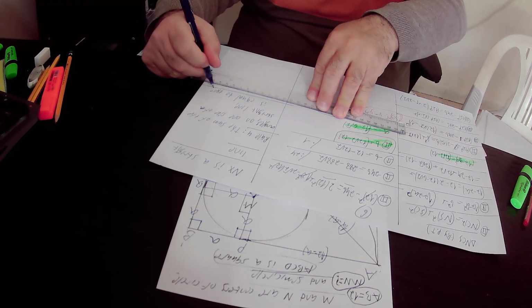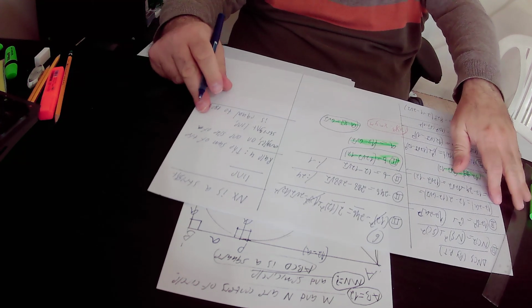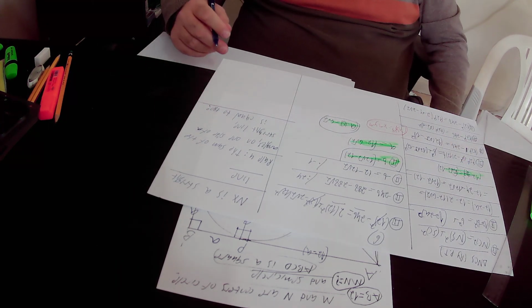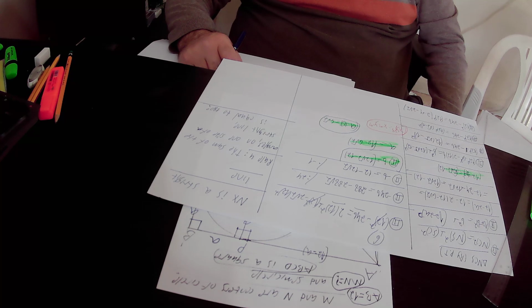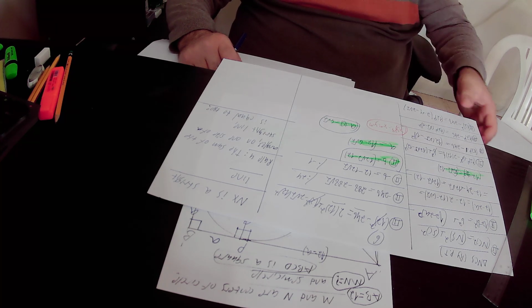I read rule number 4 again. According to rule number 4, the sum of the angles on one side of a straight line is equal to 180 degrees.